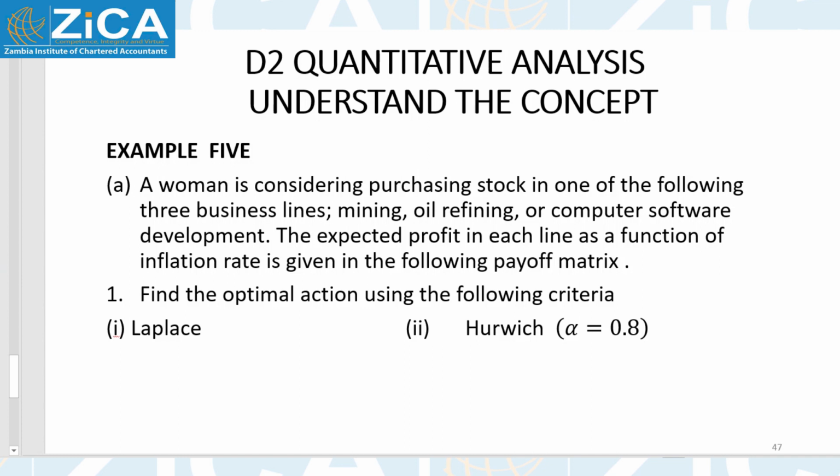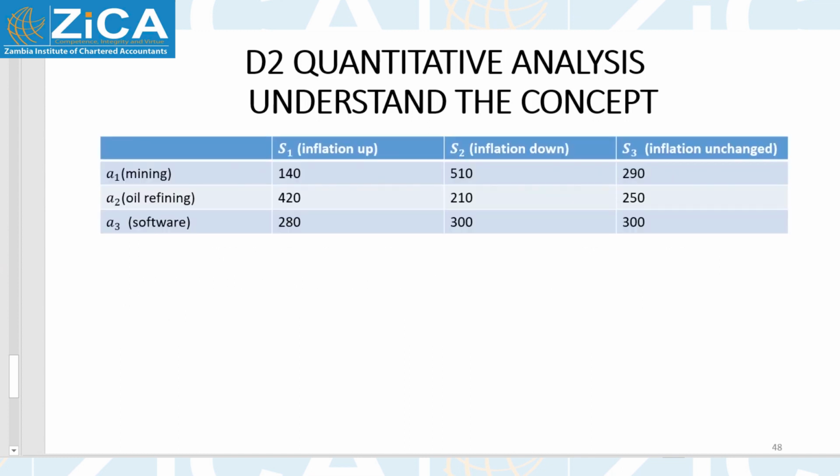The expected profit in each of those lines as a function of inflation rate is given. Find 1, we can use the Laplace, use Hurwicz, use maximax, use maximin, use minimax regret. Then find the expected monetary value, and also find the expected value of perfect information. This is again a question which you should always get, which doesn't have any complication.